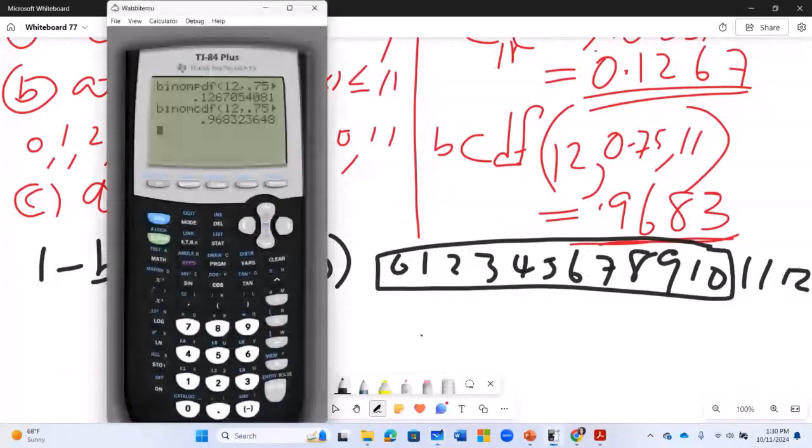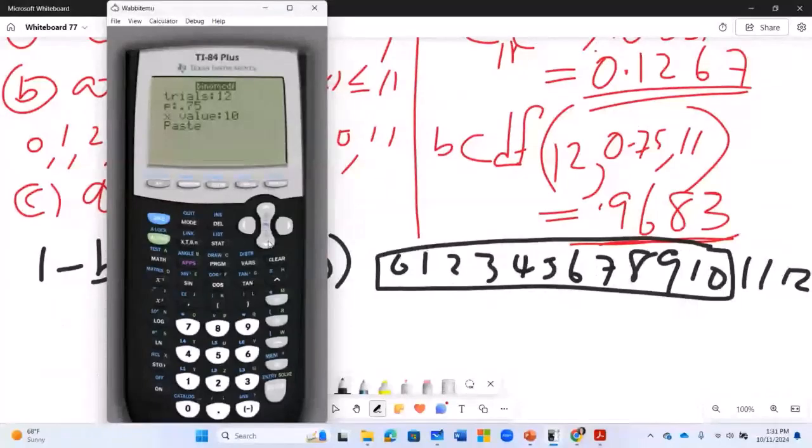I'm going to clear. I'm going to do second distribution. And I'll arrow up, looking for binomial CDF. Remember, it is binomial. It is not normal. Sample space is 12 again. Success is 0.75. I am cumulating, and I'm doing 1 minus. By the way, there should be 10.